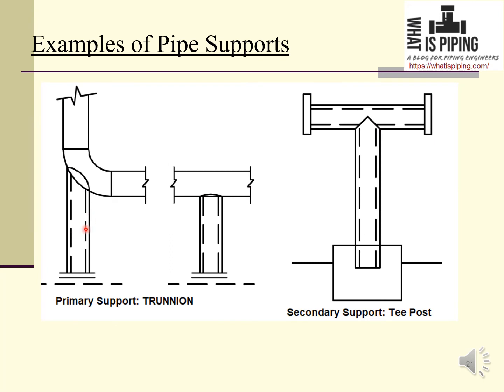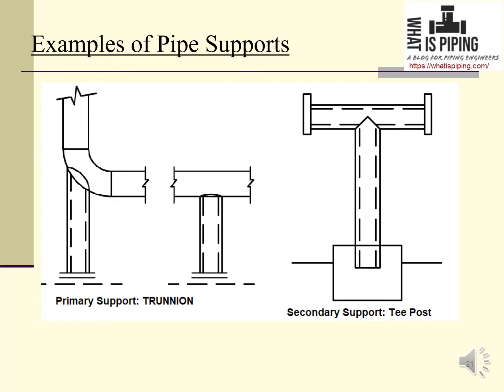Now this is a trunnion. A pipe is welded to the elbow or in the middle of a pipe, and this trunnion is supported in this structure, and this is a primary support because this is directly welded to the pipe.